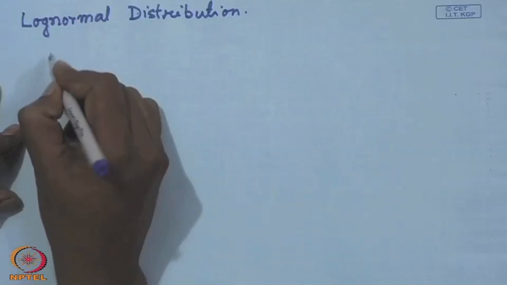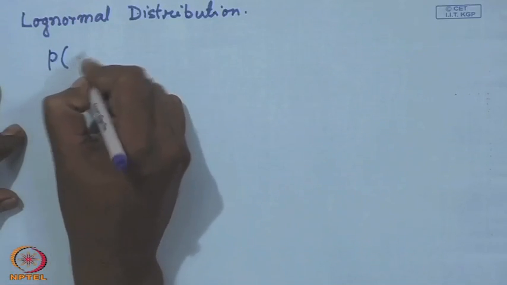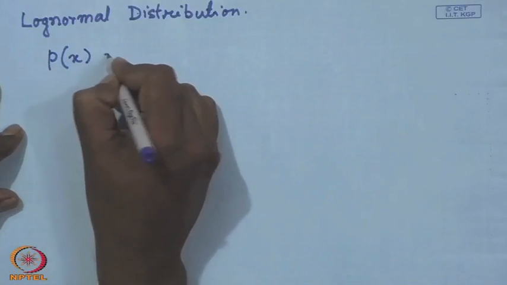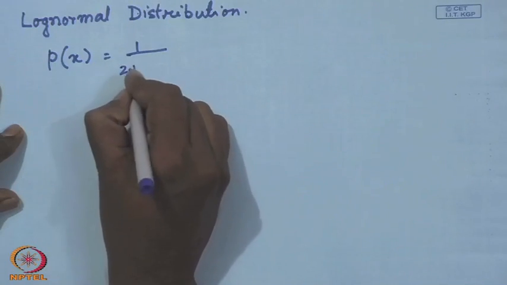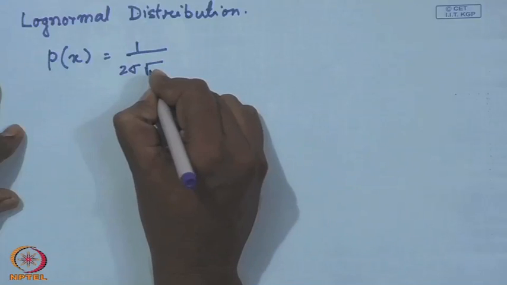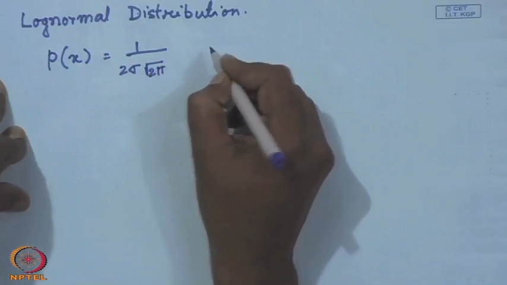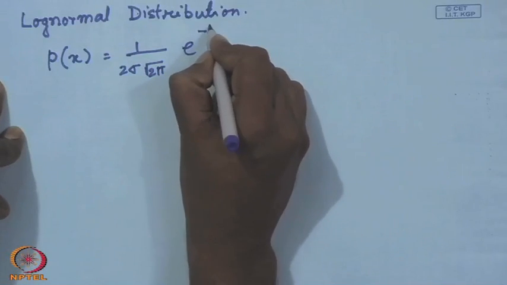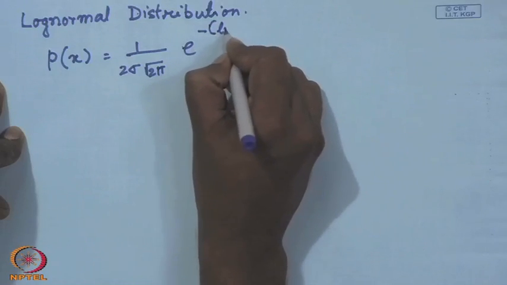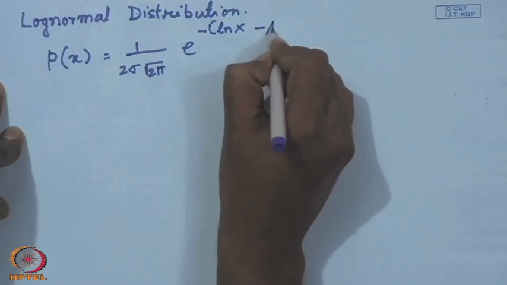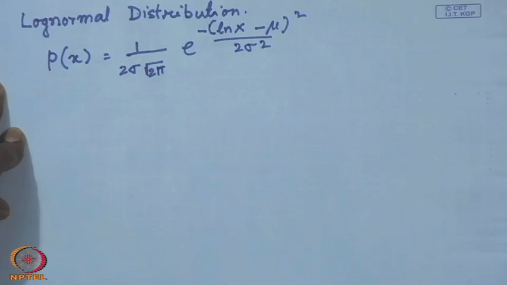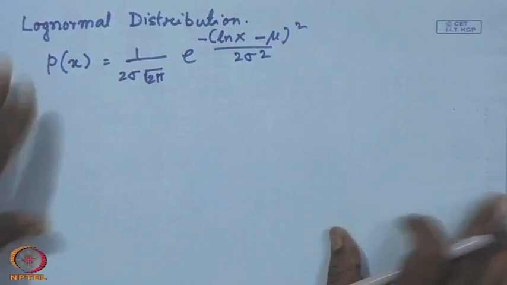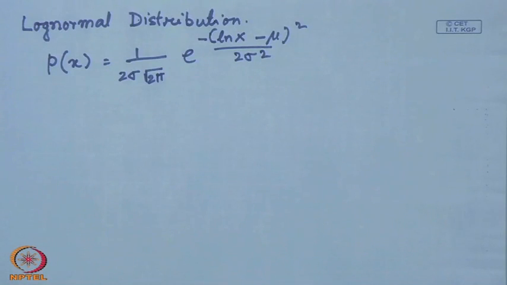The log normal distribution is given by p of x is equal to 1 over 2 sigma square root of 2 pi, e to the power minus log x minus mu square upon 2 sigma square. So, this is an expression for what is called the log normal distribution.